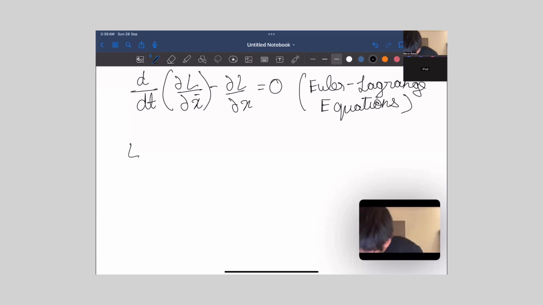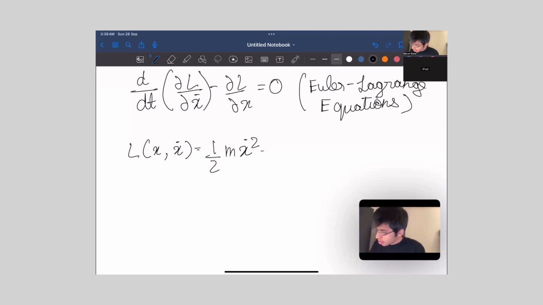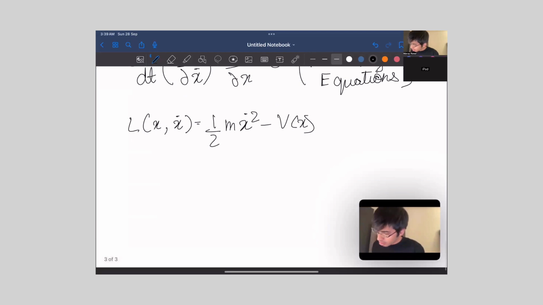So my Lagrangian depends on x and x dot. Okay, so I have my Lagrangian written.